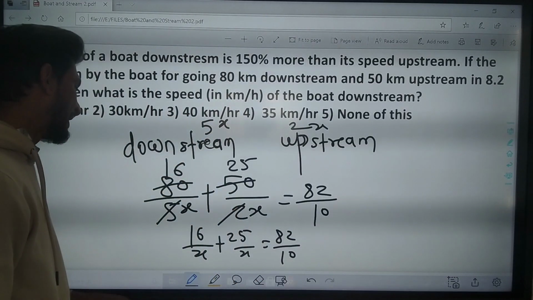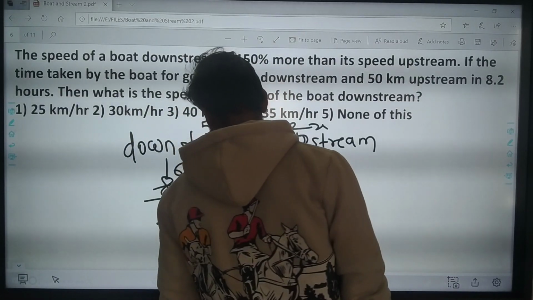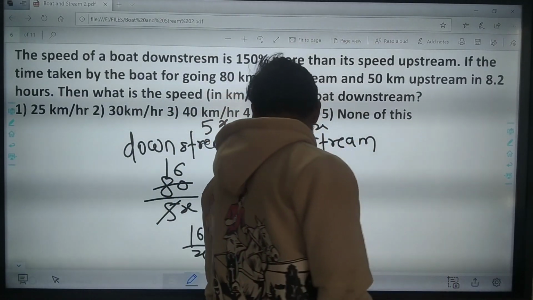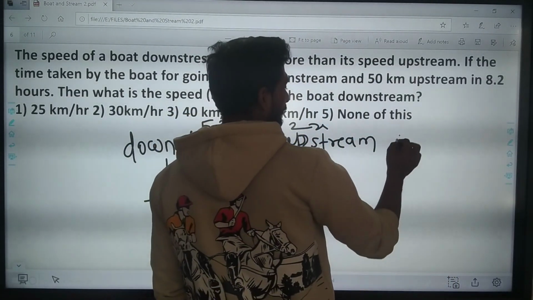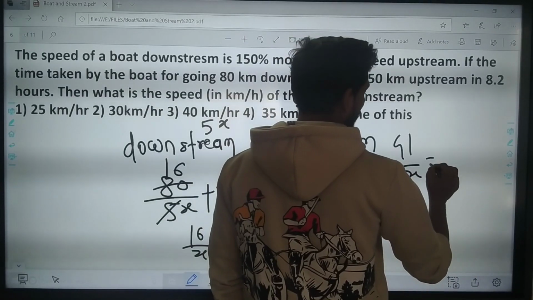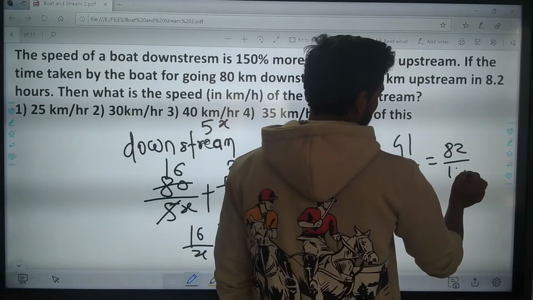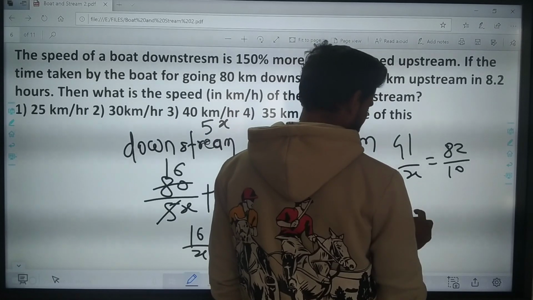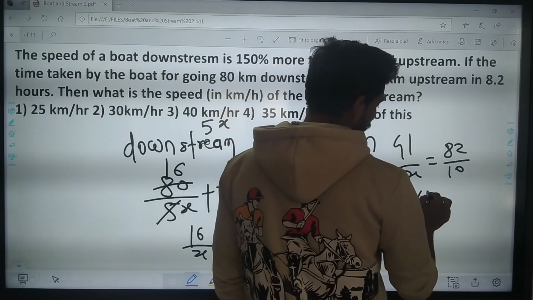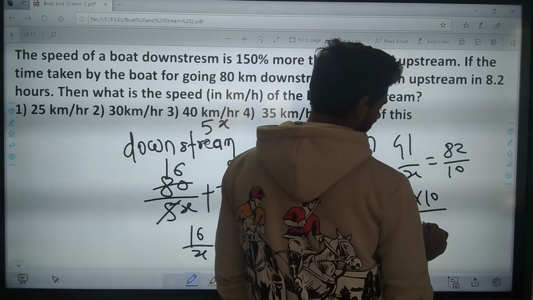Now we add these two: 60 plus 25 is 85. So 85 upon x is equal to 82 upon 10. Then the value of x is 85 into 10 upon 82.